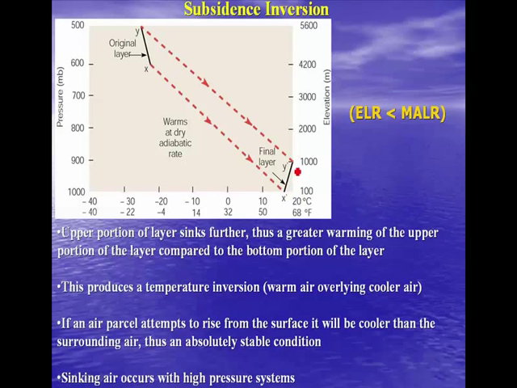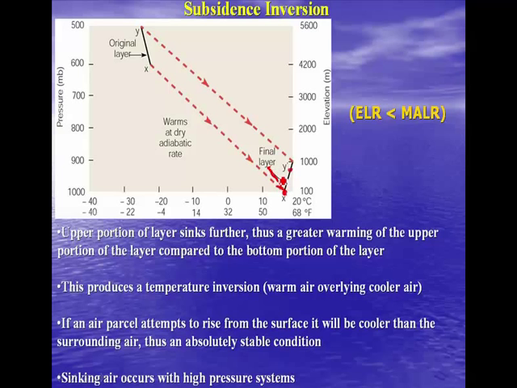This is the change in temperature increasing of the atmosphere. If we take a temperature of an air parcel, we start it right here. We know that if the parcel is dry, it will decrease at 10 degrees Celsius per kilometer. And so the temperature of the air parcel will decrease. And so the temperature of the air parcel here is less than the surrounding atmosphere, and so it will want to sink back down.